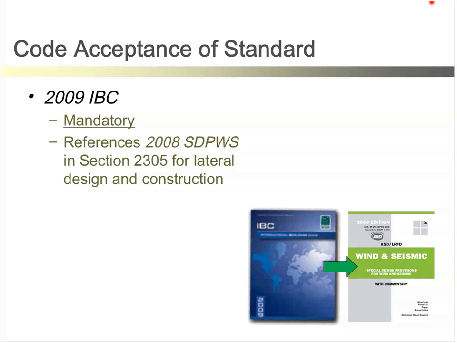While the code adoption process that ICC uses has been around for many, many years, we feel like the ANSI consensus process provides a lot more rigorous approach to developing standards.